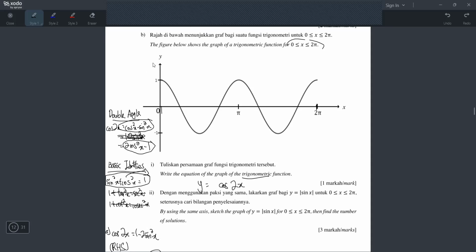Okay. And then if we look at this, we don't have to write plus minus anything, because the plus minus, we only write it when the whole graph got moved up or down. Let me tell you how I can straight away know this one has no plus minus. Just look at this number and this number. If these two numbers have the same value but different sign, then it means the whole graph never shift up, shift down. So this is 1, -1, right?